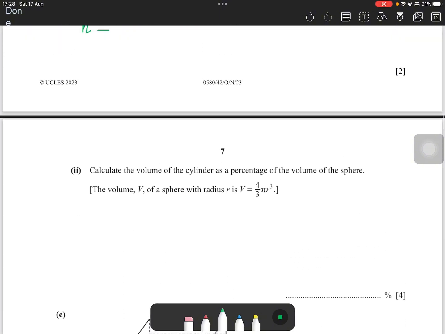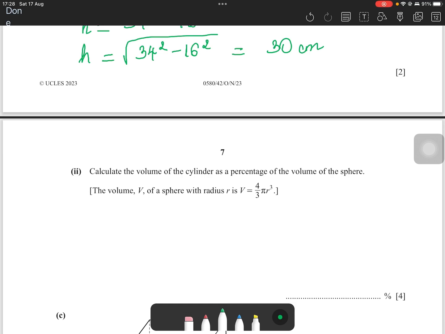Second question, calculate the volume of the cylinder as a percentage of the volume of the sphere, knowing that the volume of the sphere is 4/3 pi r cubed. So first, let's talk about the volume of the cylinder. It is base area times the height.